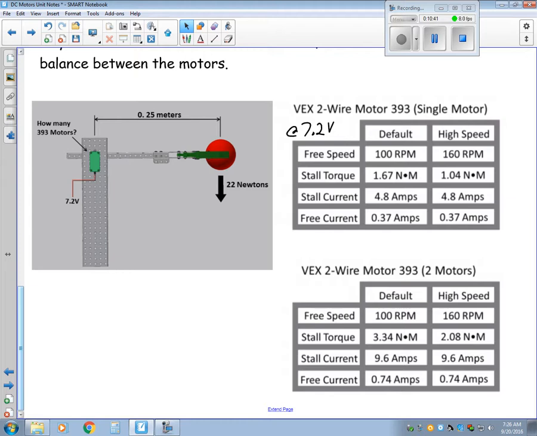So now it's drawing 9.6 amps for the stall current and 0.74 amps for the free current. So by using more than one motor, you're pulling more amperage out of the battery. But what you're doing is doubling your stall torque. For the high-speed variations, you can see how once again you double your stall torque.